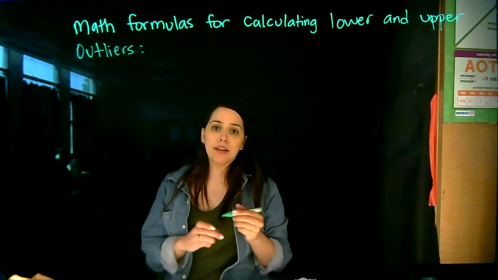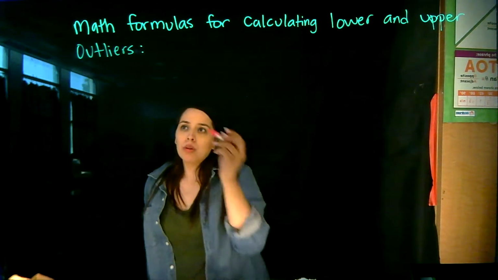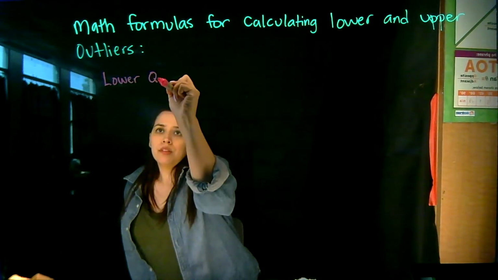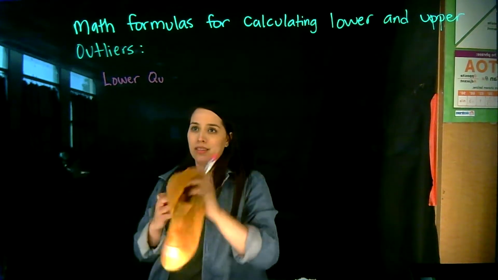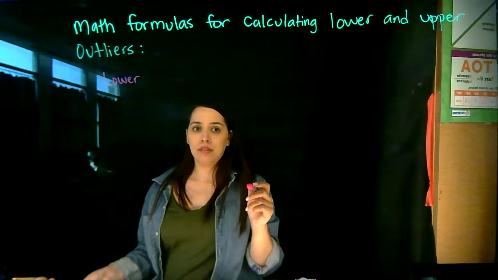So if we're trying to calculate for a lower outlier, and you can do both. Can you guys see that color? Is it fine?